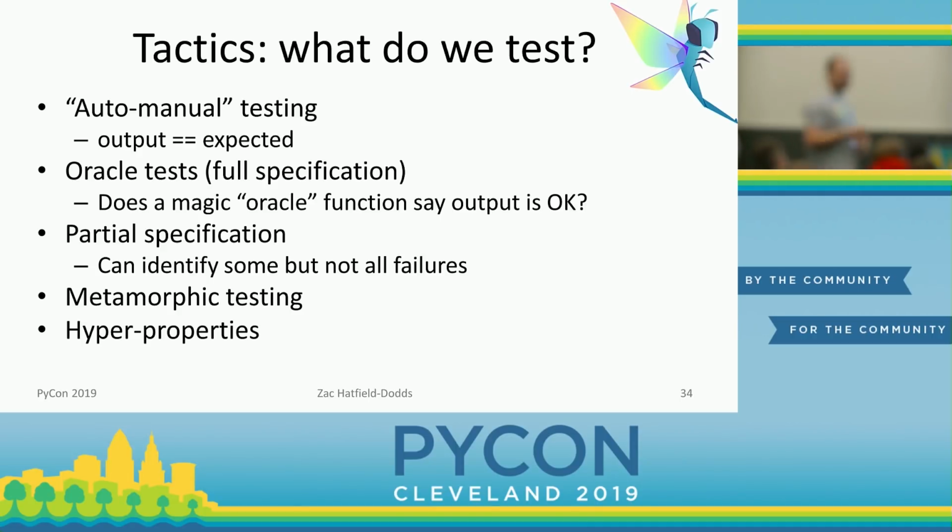Sometimes you can have partial specification, where it doesn't tell you everything about whether or not a test is correct, but it can detect at least some bugs. And then later in this talk, I'll cover metamorphic testing and hyperproperties. Super exciting words invented by academics who wanted super exciting names for tests.